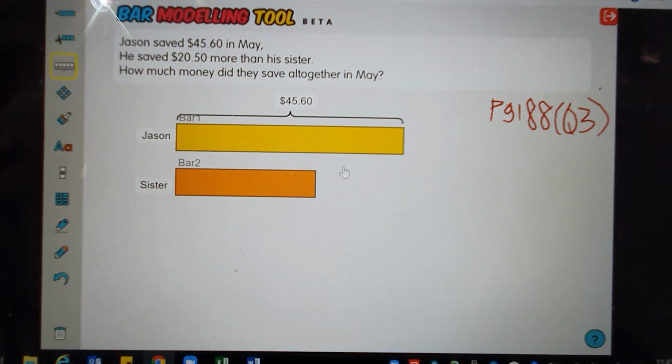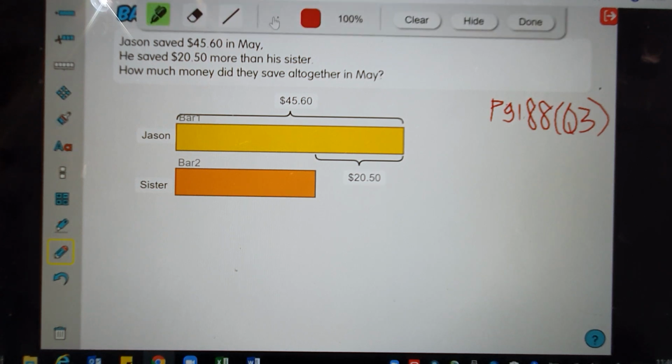Your difference is here. This part here will be $20 and 50 cents, where it represents your difference.